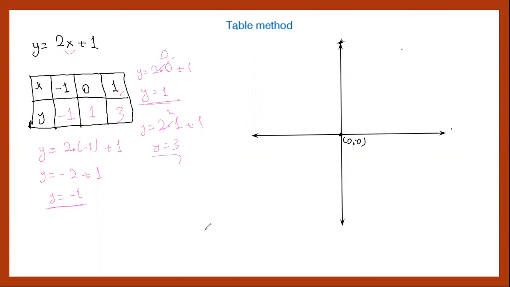Now, let me know if I make some mistake. This is point -1, -1, isn't it? Because look, in the x, I have -1. Remember, for the point, you place x first, then y. Remember that. And now, for the second one, is my point going to be 0, 1? What do you say?